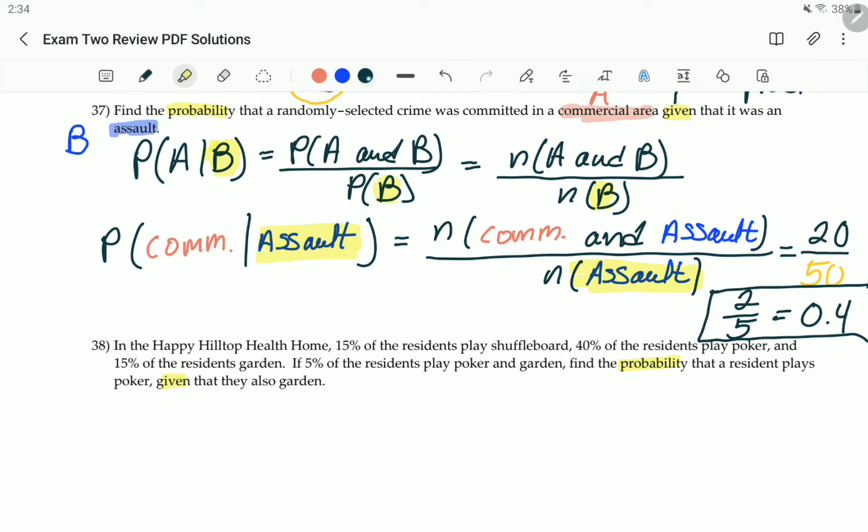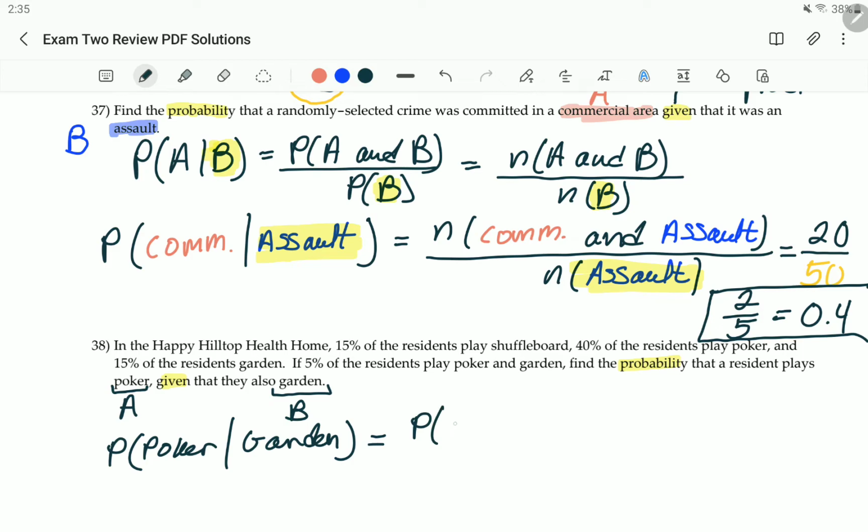Let's use the conditional probability formula. Let's let event A represent playing poker, given event B, which is gardening. And let's plug it into our formula correctly. The probability of poker, given they like to garden. And I'm going to use the first formula because percentages are probabilities.